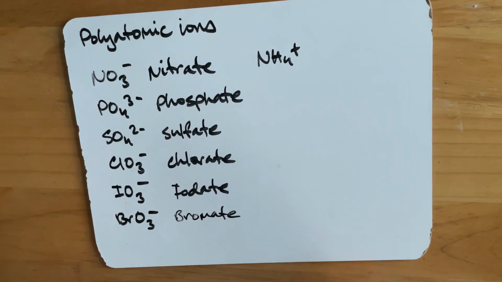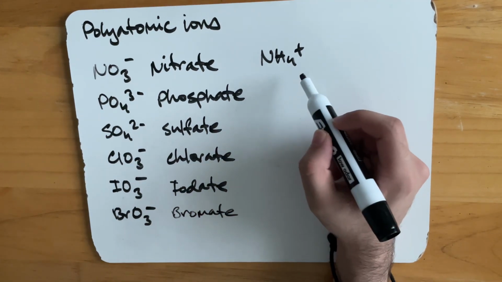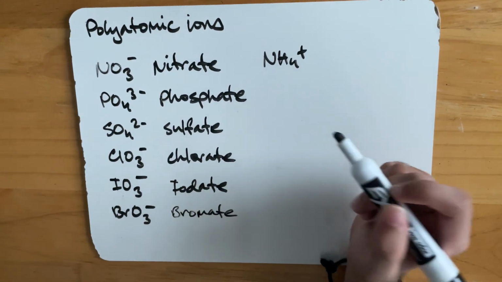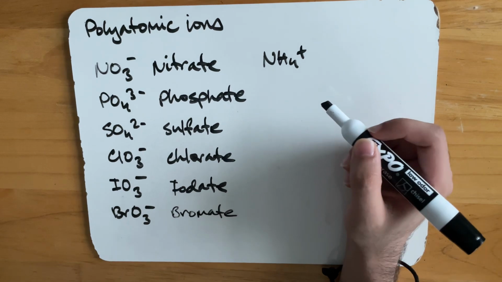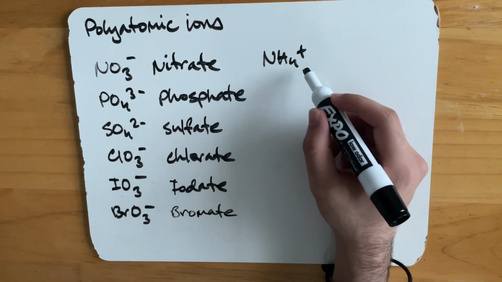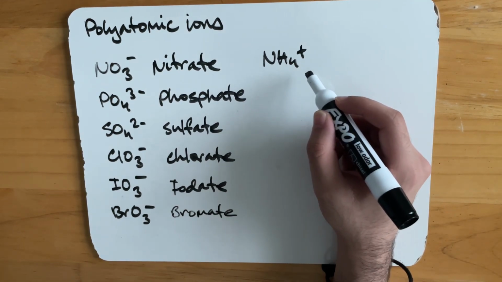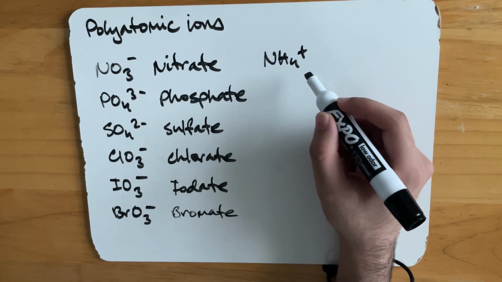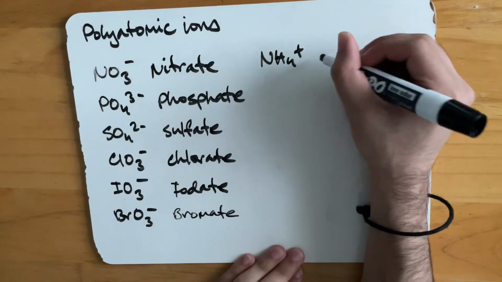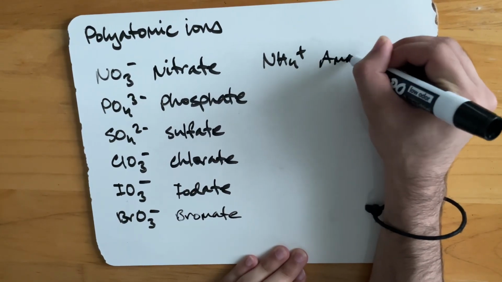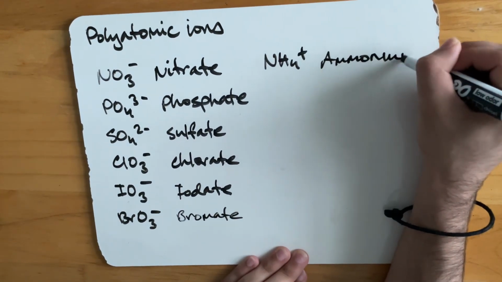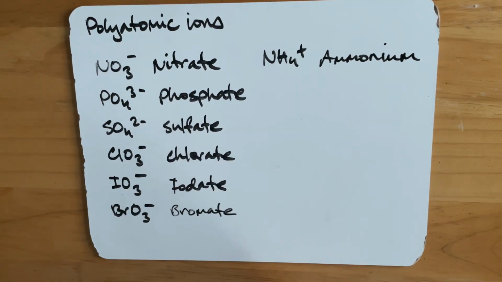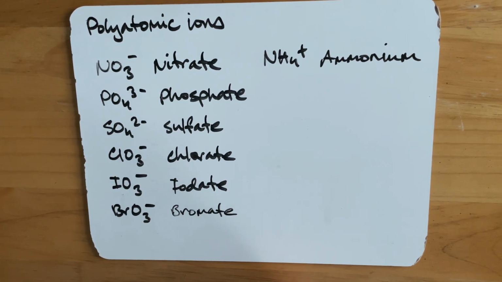And this really depends on what level of chemistry you're studying. But this is really one of the only polyatomic cations you will see. This is called ammonium, and you should know this, because the fact that it's one of the few polyatomic cations you're going to learn about, at least in the lower levels of chemistry, makes it a good target to be asked on exams.